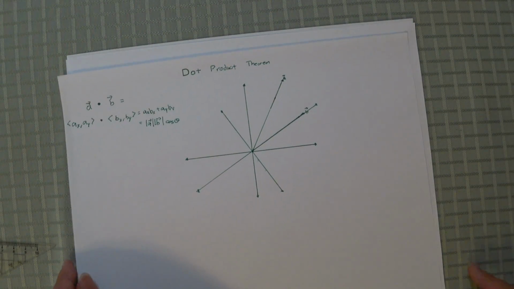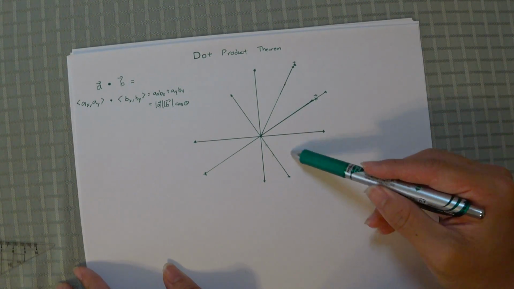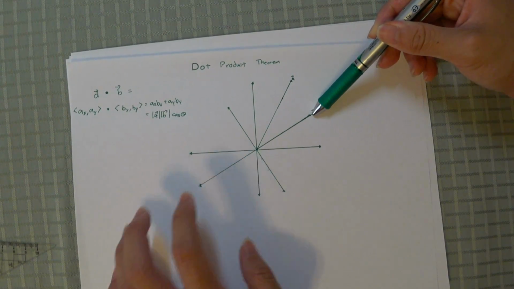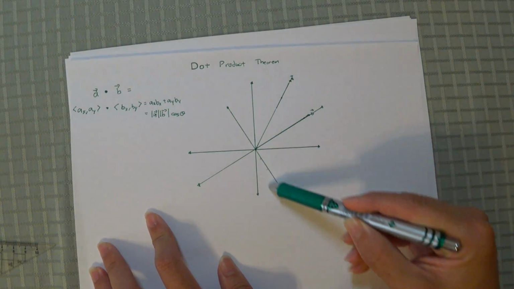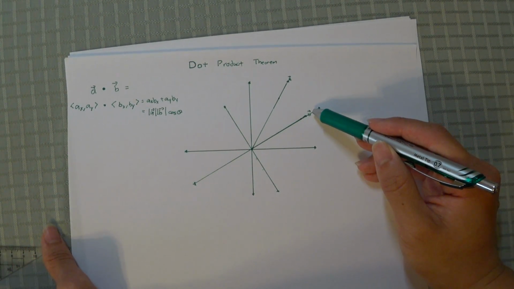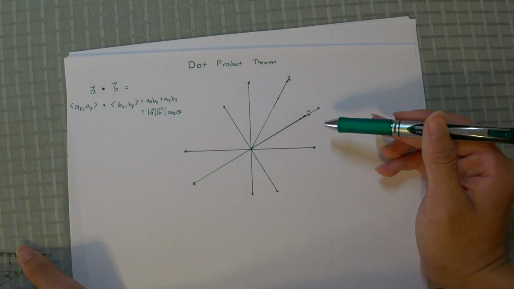Okay, so how do we prove this? Well, one way to prove it is to redefine the axes. So let's say we have vector A here and vector B here. Well, on this axis, we could draw different axes with one of the axes lying on vector B. So what does this make?